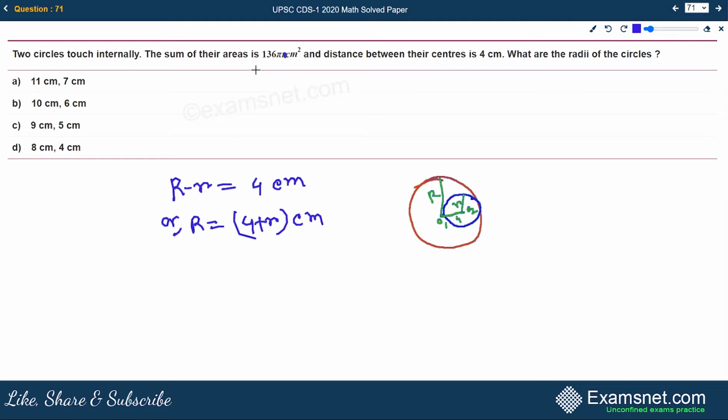So we can find the area of the two circles. The area of the larger circle is pi capital R square, and the area of the smaller circle is pi small r square. So now pi capital R square plus pi small r square is 136 pi.